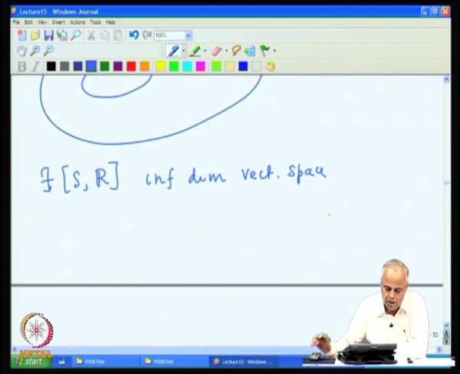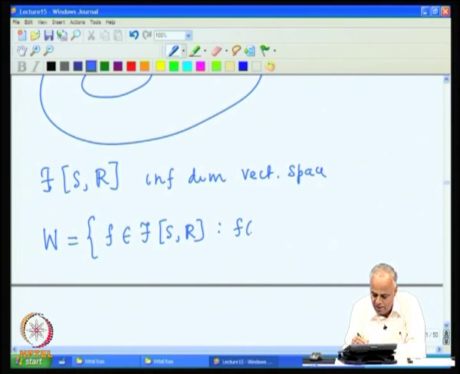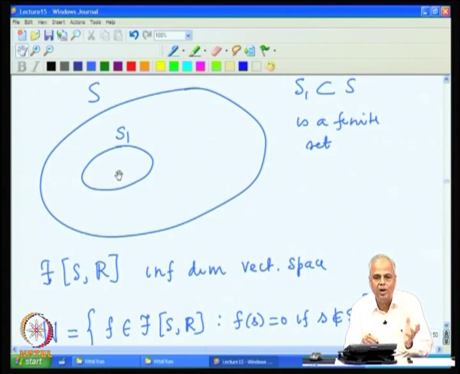Now, look at this subspace W which consists of all the functions from S to R such that f(s) is equal to 0 if s does not belong to S1. In other words, only when you take a point in S1, f will have a non-zero value. The moment you go outside S1, f will take the 0 value.